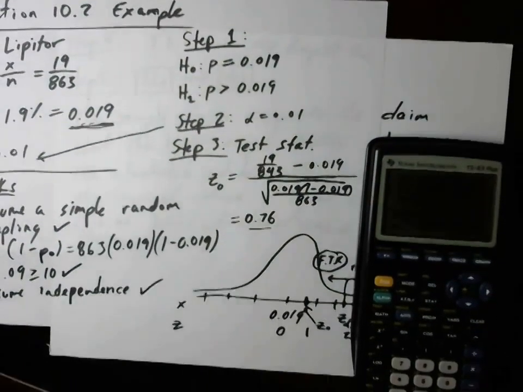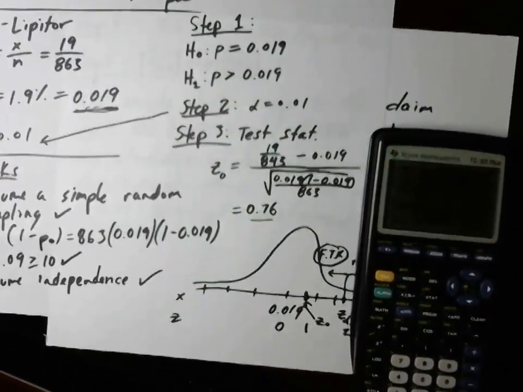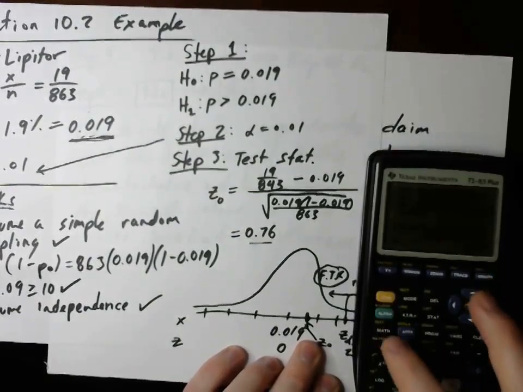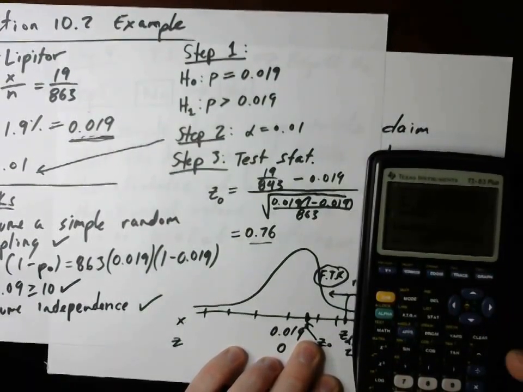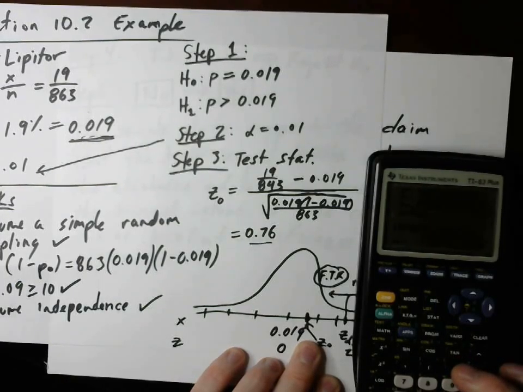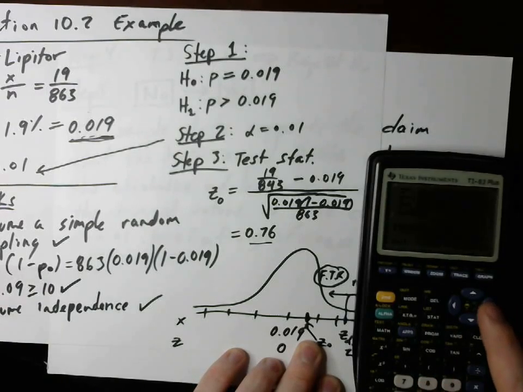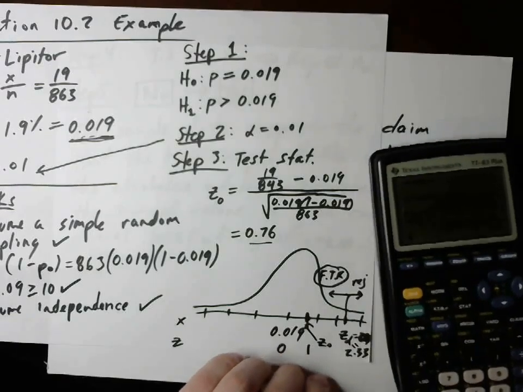Second, square root of 0.019 times 0.981, divided by 863. 0.76.